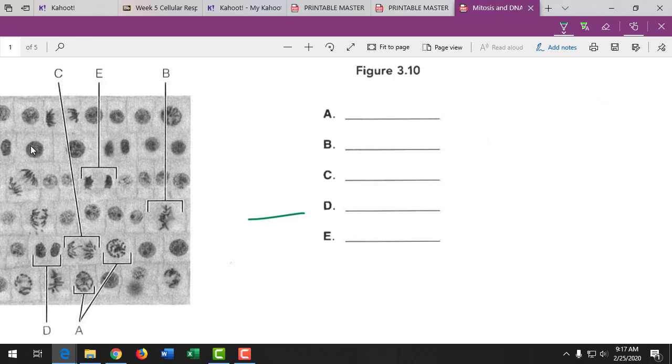This here would be an example of interphase, because can you see visible chromosomes in this one? No. That's because the DNA exists as chromatin, which doesn't stain. It's very loose, not tight and coiled, so it doesn't pick up a lot of stain. This dark structure here is a nuclear membrane, crowding out the whole nucleus. So this is interphase. Let's label that so we know what an interphase cell looks like.